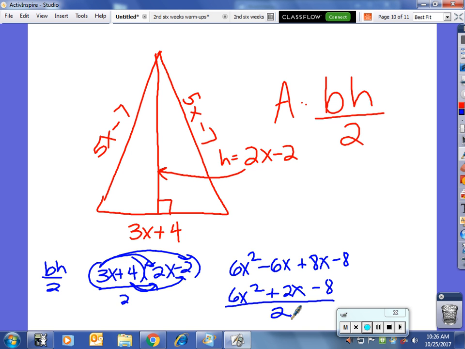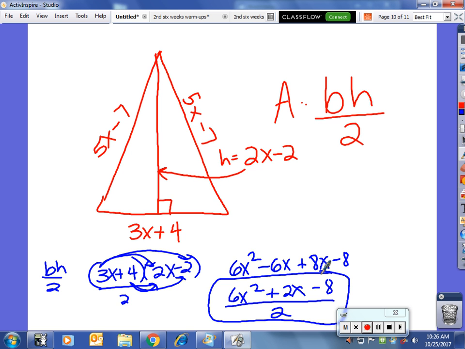Okay, for base times height, I got 6x squared plus 2x minus 8. Now, I've got to divide that by 2. Sometimes kids write it like this and just leave it, and technically that's correct. I'm dividing by 2, but I want you to simplify it if you can. And we can. It's kind of like we're going to factor a 2 out of the top and divide out all the 2's.